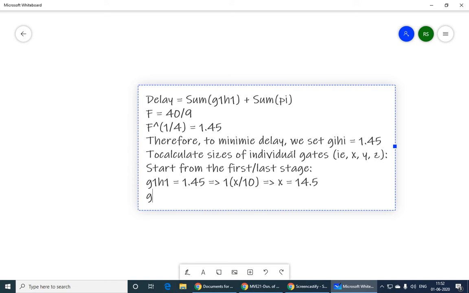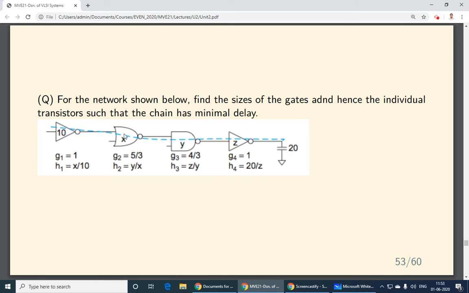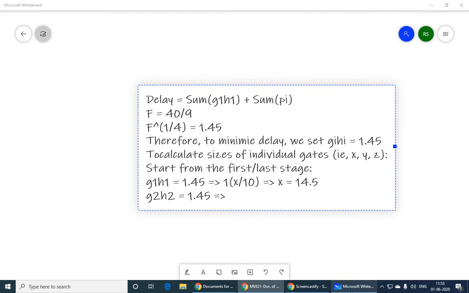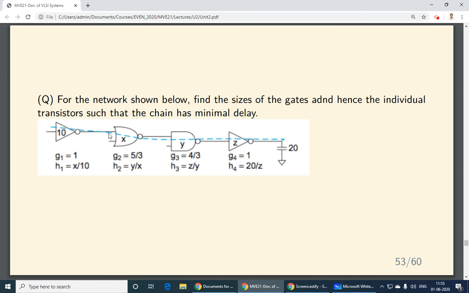Okay, so let's go to the next stage. G2H2 equal to, how much should it be equal? This number we already know. Method of logical effort, every stage GIHI equal to 1.45. Therefore, G2H2 also equal to 1.45, which means, okay, now what is the value of G2? It is a 2 input NOR gate. So G2 is 5 by 3, into, okay, H2, output by input.